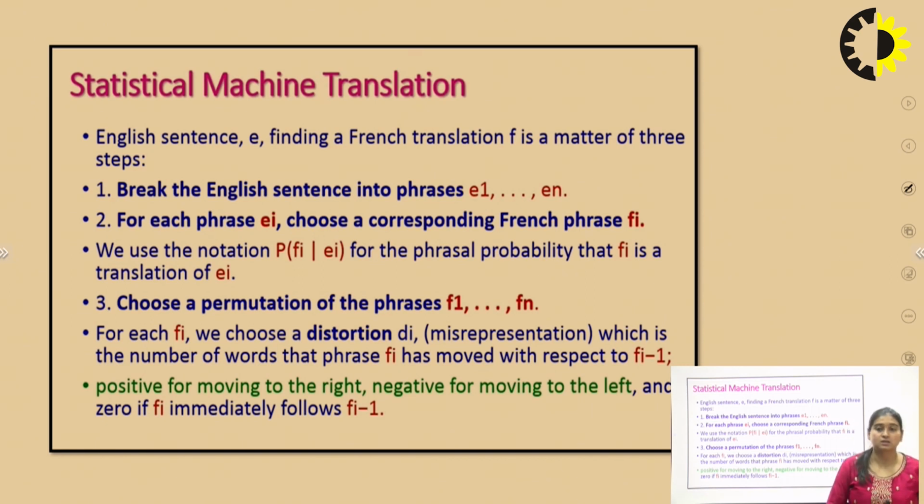If the word is shifted right, we assign positive. If the word is shifted left, we assign negative. And if it immediately follows Fi minus 1, then we put 0, meaning there is no shift. Okay, so this is the concept of distortion, represented by Di, and that stands for misrepresentation.